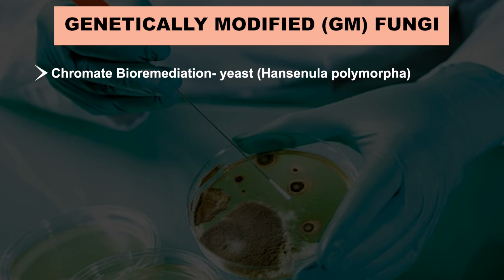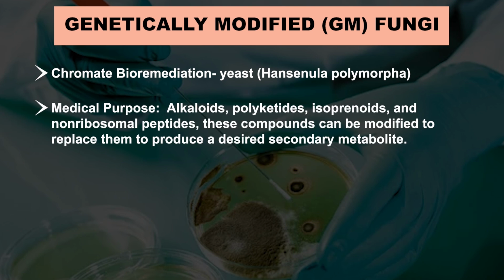In the field of medical science, fungi are an excellent producer of naturally occurring secondary metabolites with therapeutic qualities such as alkaloids, polyketides, isoprenoids and non-ribosomal peptides. These compounds can be modified to produce a desired secondary metabolite.